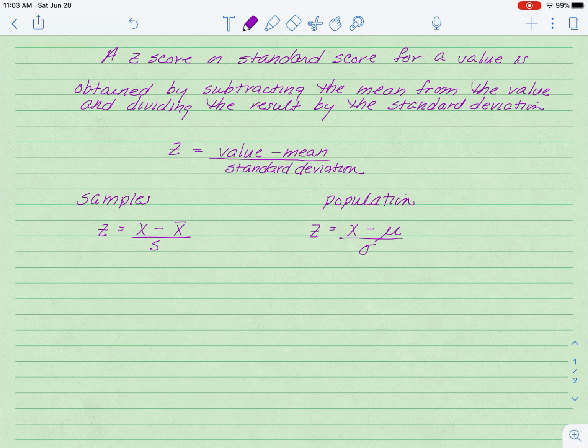What this gives us is the number of standard deviations the data falls above or below the mean.